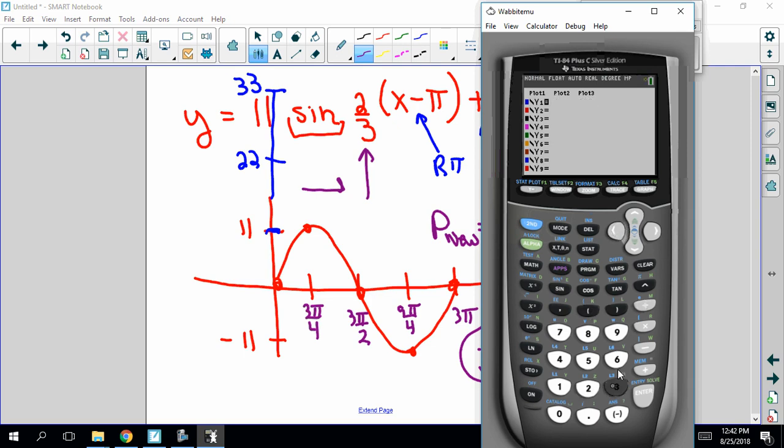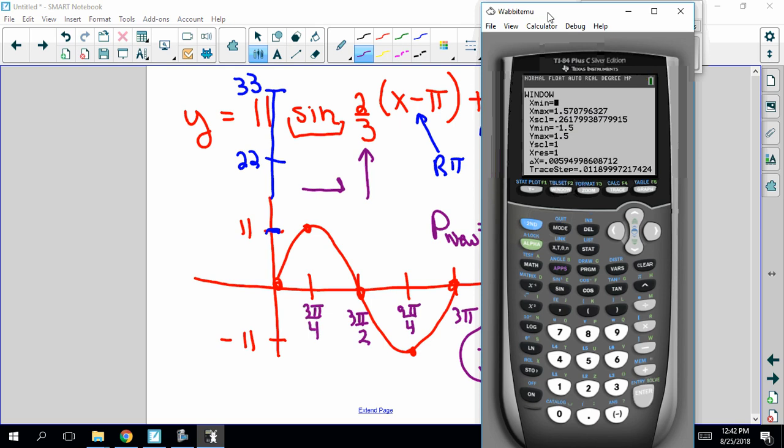Parenthesis 2 divided by 3. Then I'm going to put a parenthesis x minus pi, parenthesis, parenthesis, plus 22. Now you got to know something about what's going on. So you need to do mode. You got to cheat in radians. Step 1, switch back to radians.